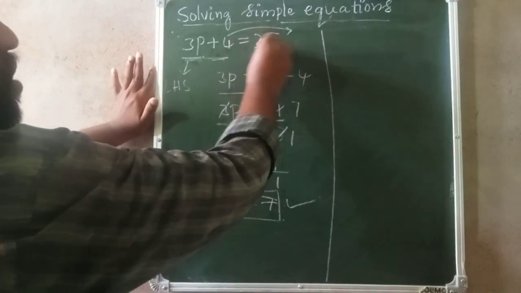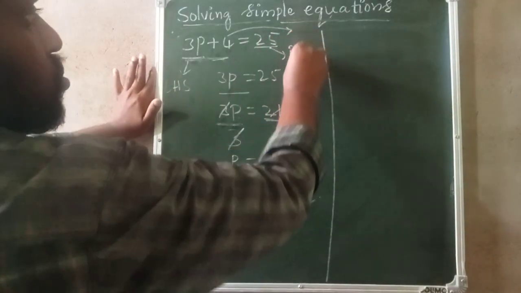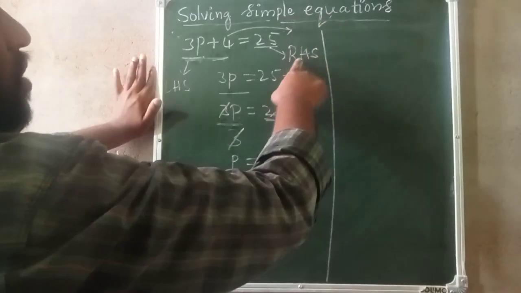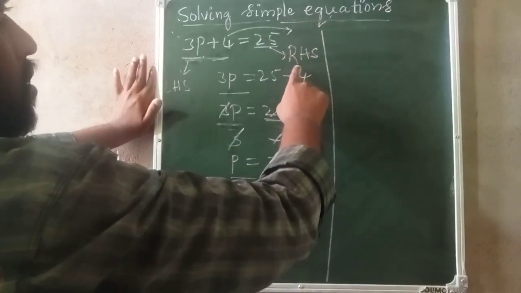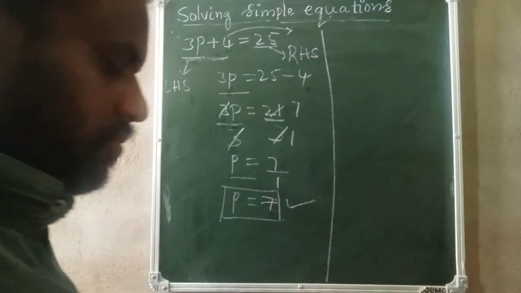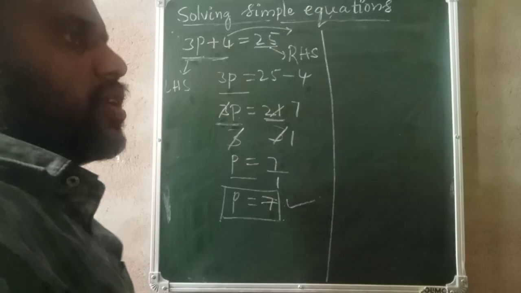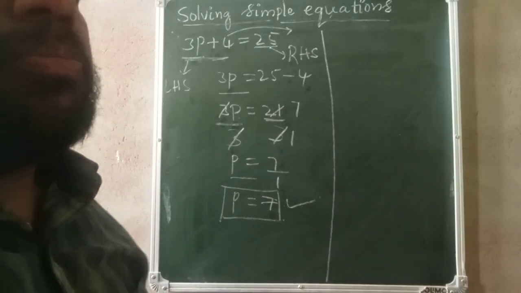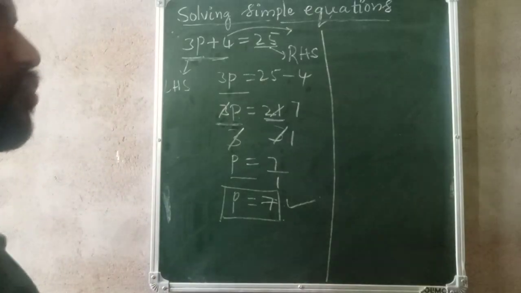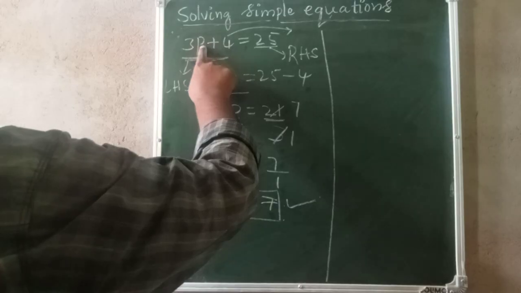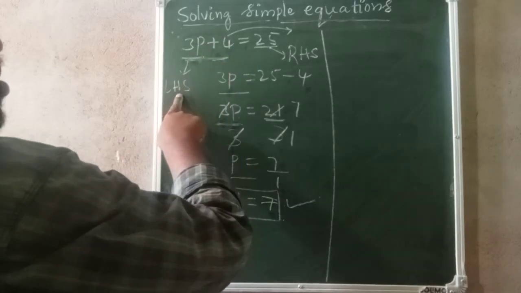Whatever is after the equal sign is the RHS, the right hand side. Now check which side the variable p is present. The variable p is present here, and this is the LHS.